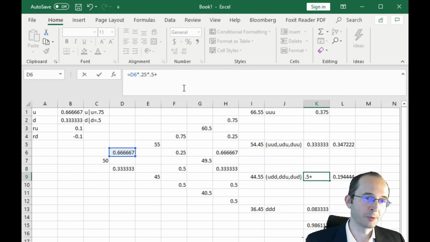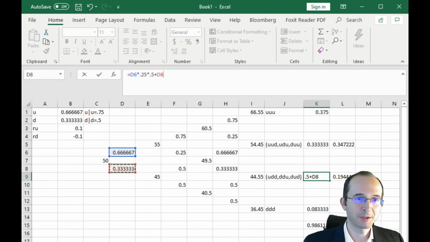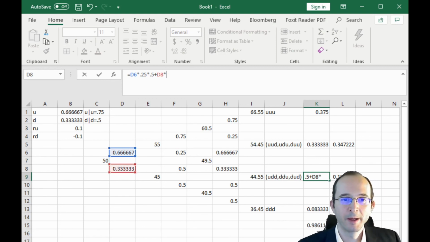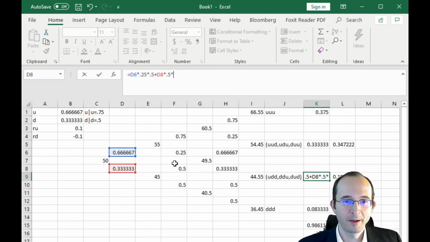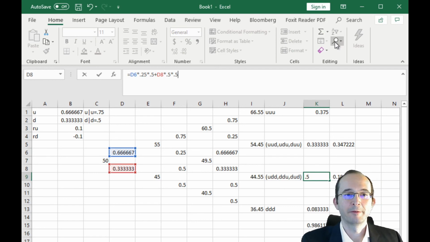What about the DDU path? Well, the probability of going down in the first place is 33%. Having gone down in the first period, the probability of going down in the second is a higher 50%. And having gone down in the second period, the probability of going up in the third is a lower 50%.